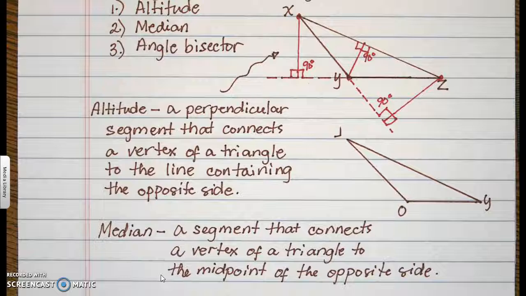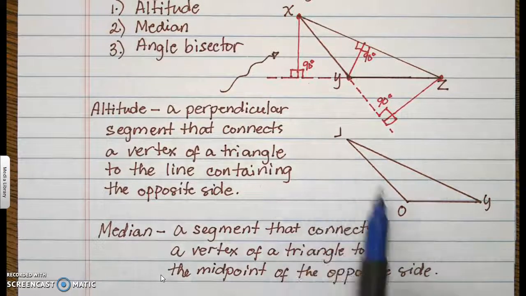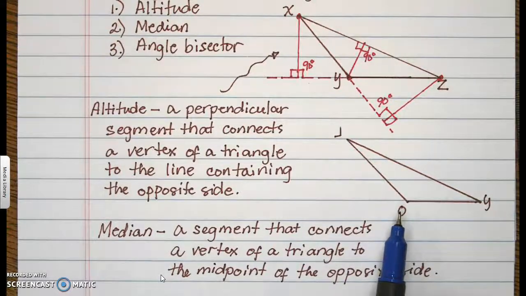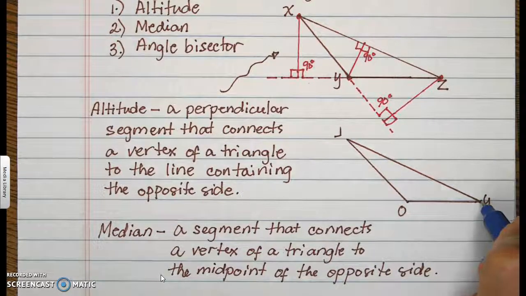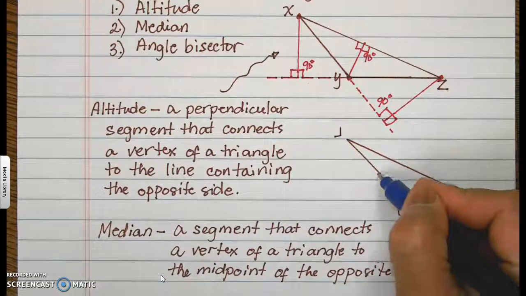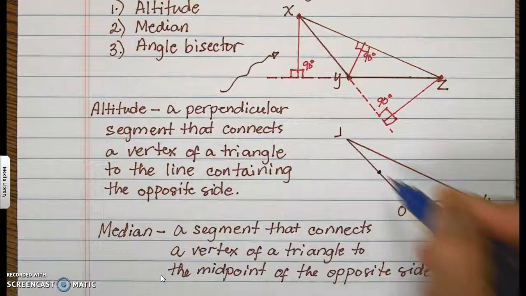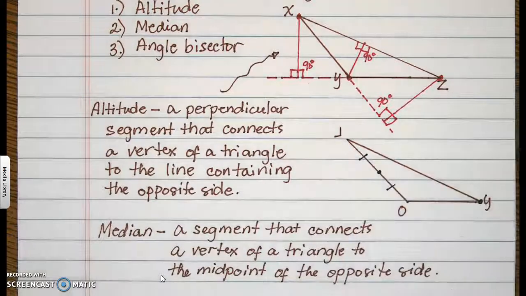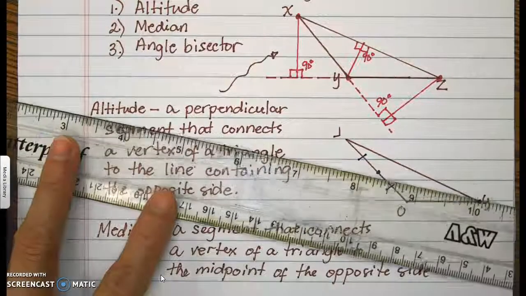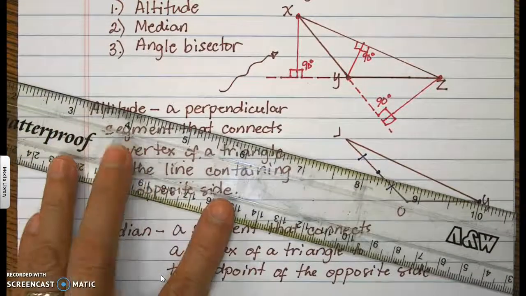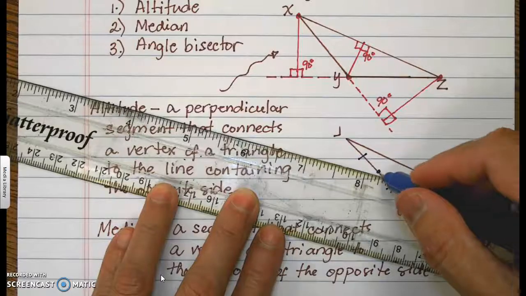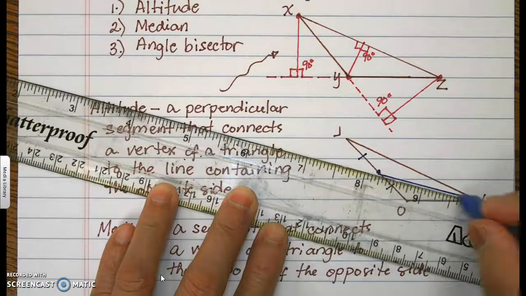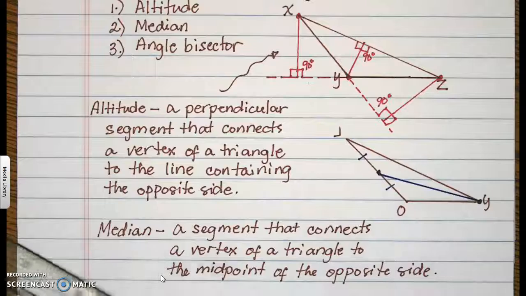In this case, if we have this segment JO or side JO, I would connect this to the vertex Y, and let's approximate that that's a midpoint, which means this is congruent to that. If I connect that vertex to that midpoint, then that's called my median.